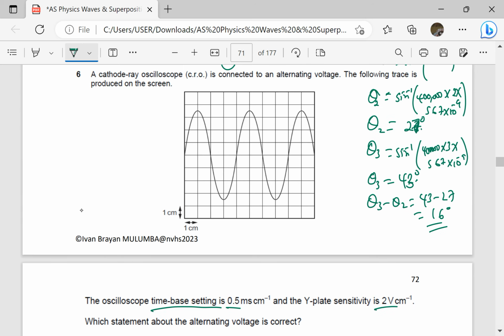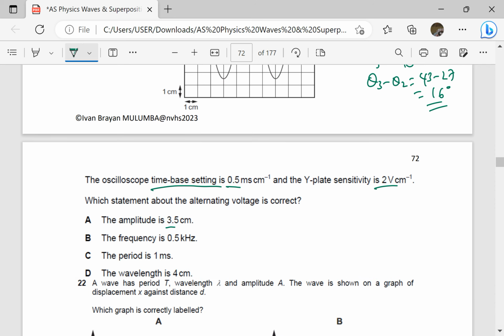Let's check. 1, 2, 3 and a half. 3.5 centimeters times 2 V per centimeter, so the amplitude is 7 volts. So this is not the amplitude.